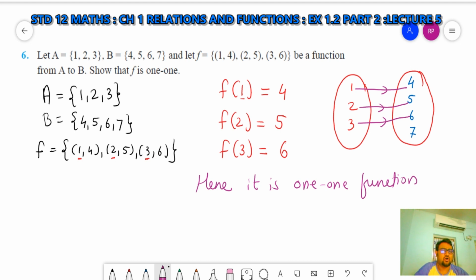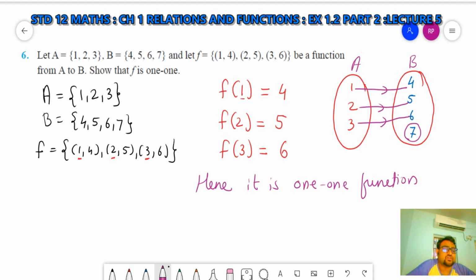No, it is not an onto function, because in the codomain B, there is an element 7 which does not have any pre-image in the domain, right?